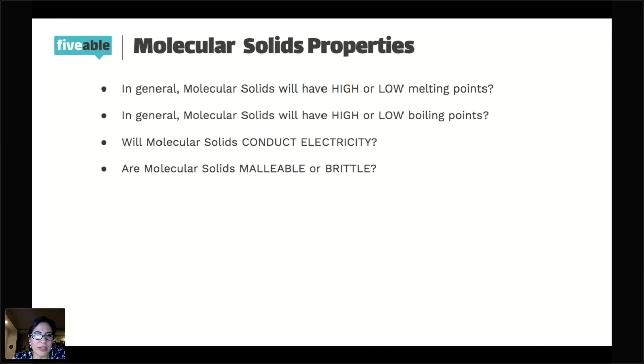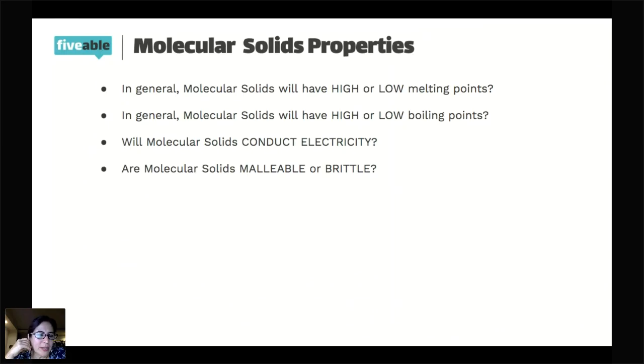Will molecular solids have high or low melting points? Exactly. Molecular solids will have low melting and boiling points because the intermolecular attraction that keeps the crystals together is weaker than a force created by an ionic bond.